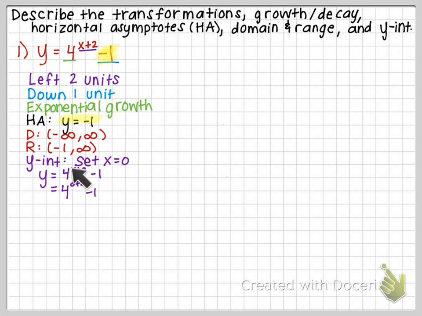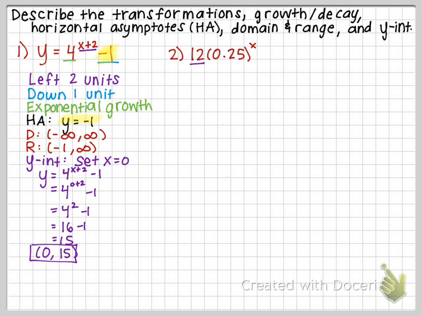See how I plugged in 0 for x to my function? Well, 0 plus 2 is 2. So 4 squared is 16 minus 1 is 15. That means my y-intercept, again, I find by setting x equal to 0, is 15. So 0, 15 is my y-intercept.